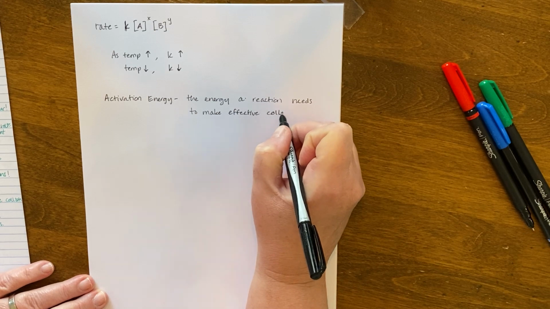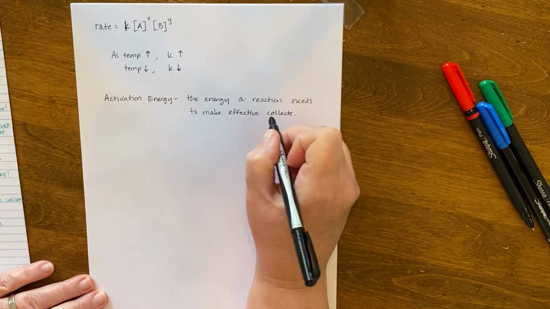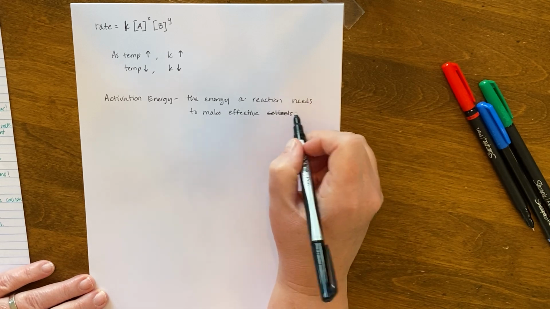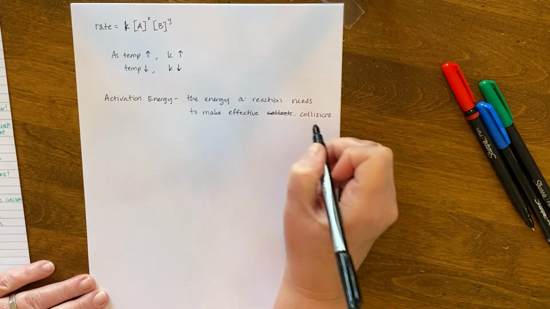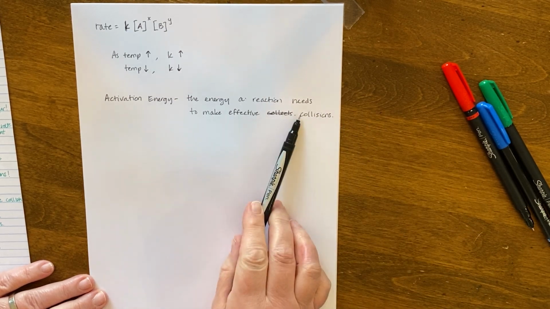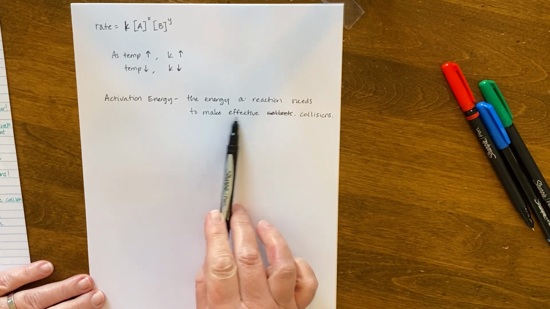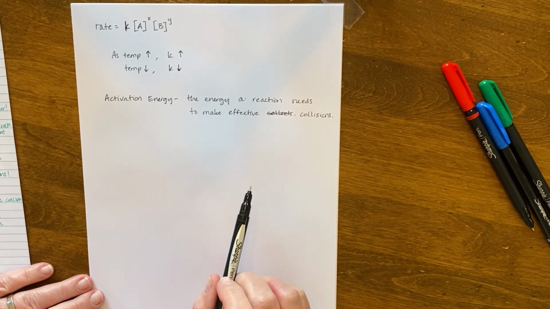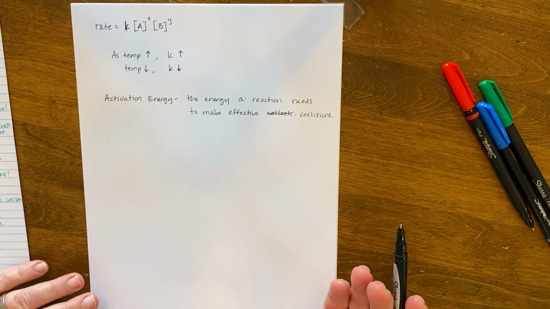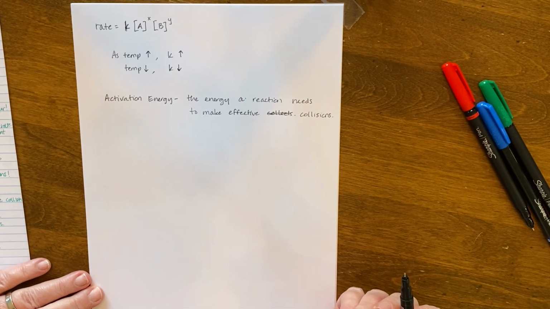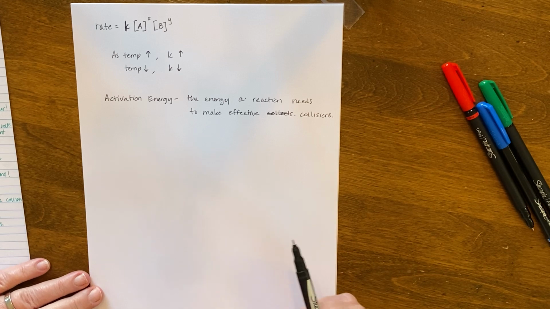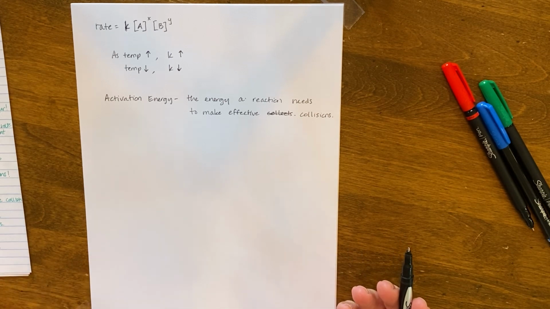Because remember, the only way for the products to actually be made in any reaction is to have effective collisions among the reactants. So if a reaction has a low activation energy, the temperature doesn't need to be very high to get an effective collision. But if a reaction has a high activation energy, the temperature must be high to get effective collisions.